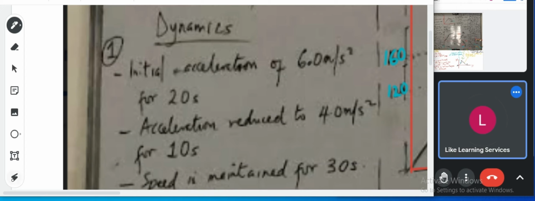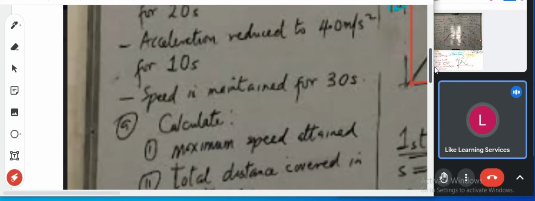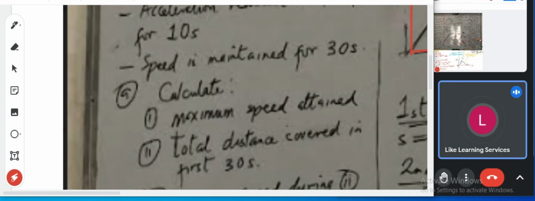And later the acceleration reduced to 4.0 meters per second squared for 10 seconds. And that speed is maintained for 30 seconds. Now we're asked to calculate the maximum speed attained and then the total distance covered in the first 30 seconds.